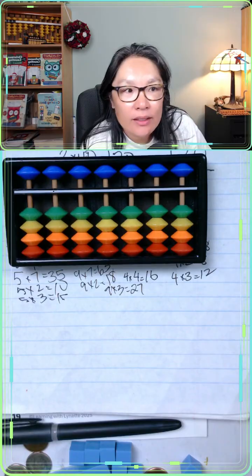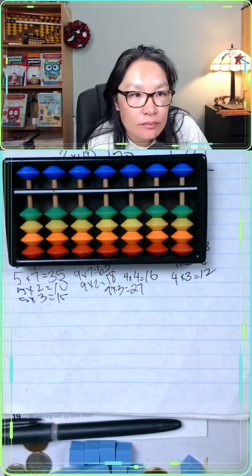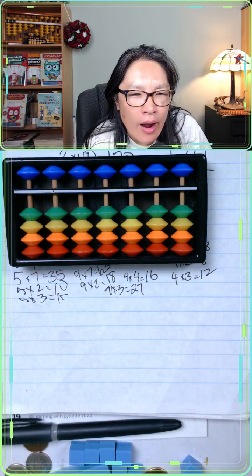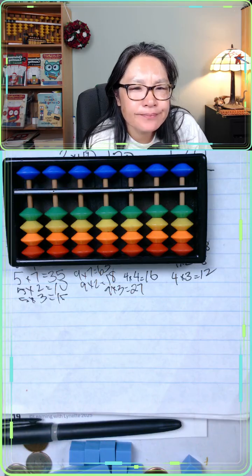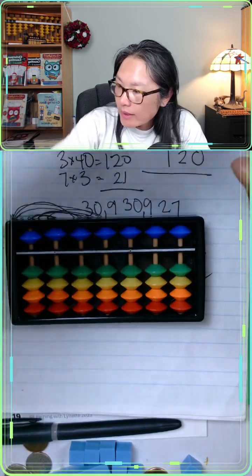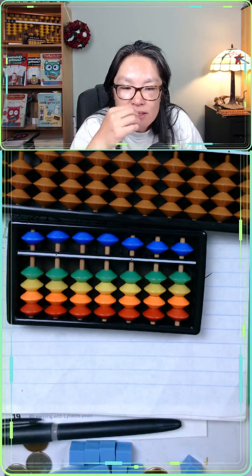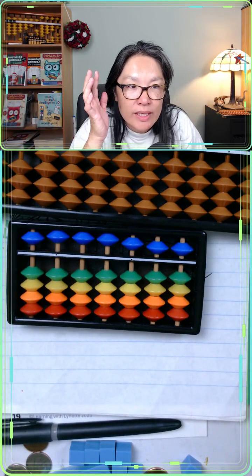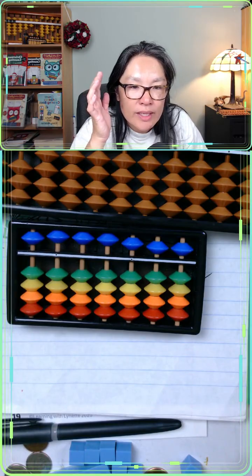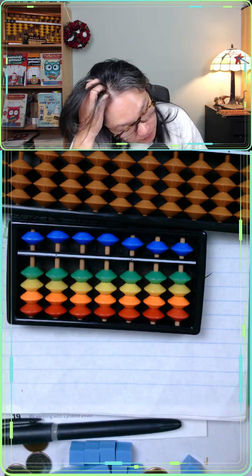Let me find a division. What am I doing? We've got to put this away. Oh no, we've got to keep this out. Okay, this is going to be simple because I want to explain the concept.